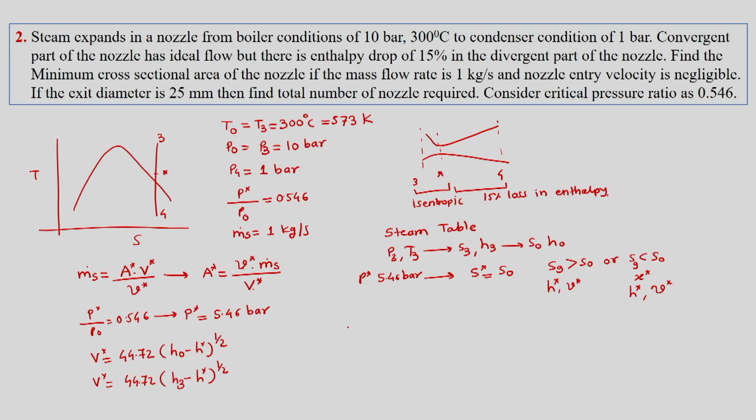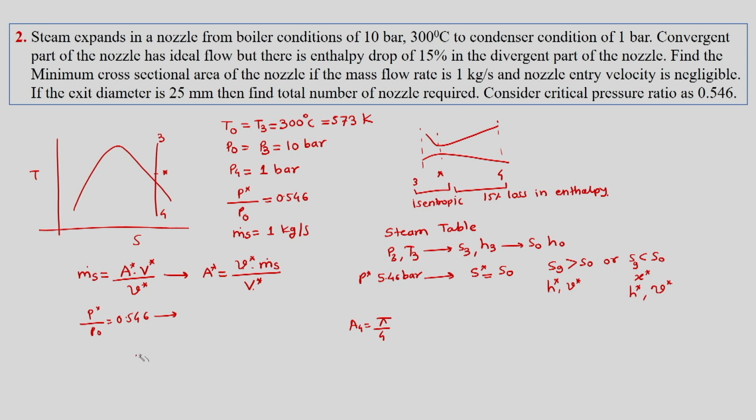Now we are told to find the number of nozzles if we have an exit diameter of 25 mm. So we know A exit, that is A4, which is equal to pi by 4 d square.